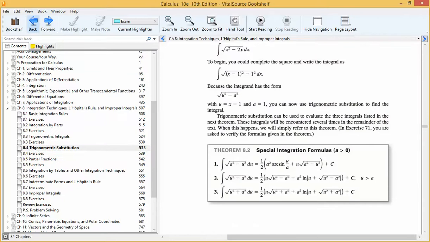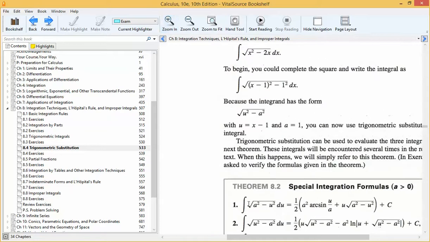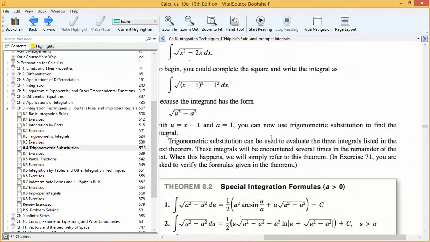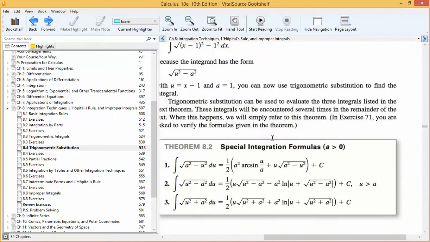Alright, so let's look back at our formula real quick. So we have the square root of u squared minus a squared. That's what we're going to follow. Now, I told you we need to bring out our du though, so I might have to bring a 1 over the square root of 5 out in front of this 1/2.